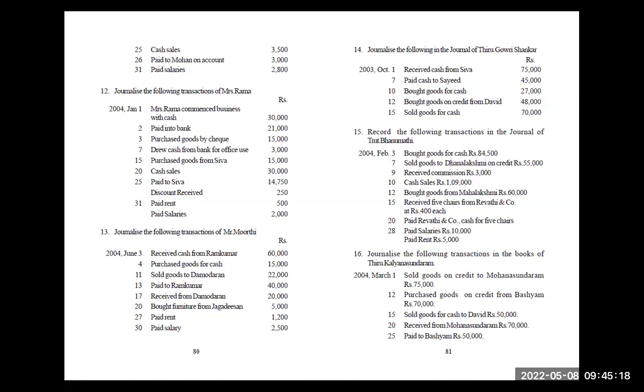What is happening on Jan 7th? Money is withdrawn from the bank for office use. Bank account debit to bank office, sir. Don't think too much. Think simple. What is happening?